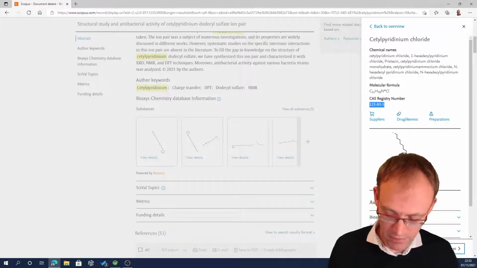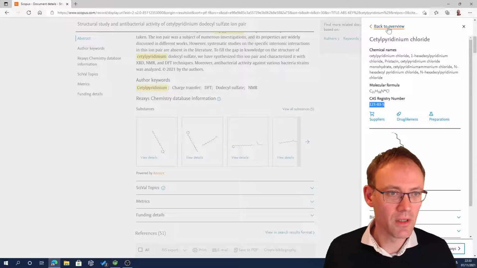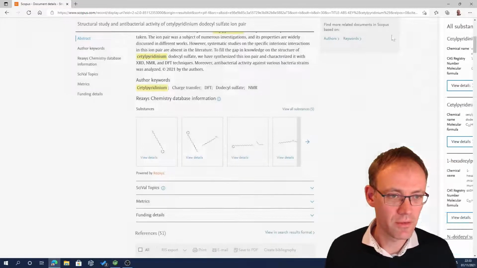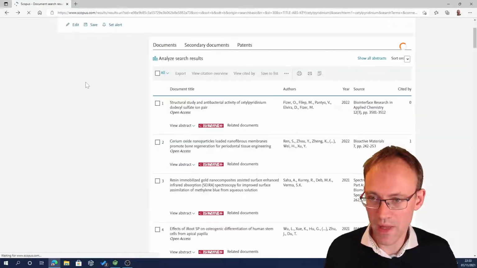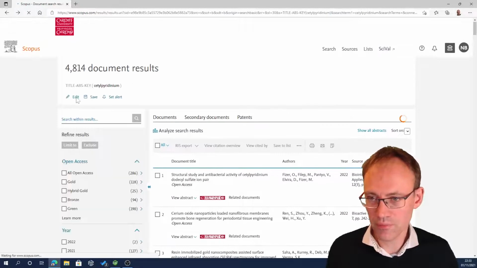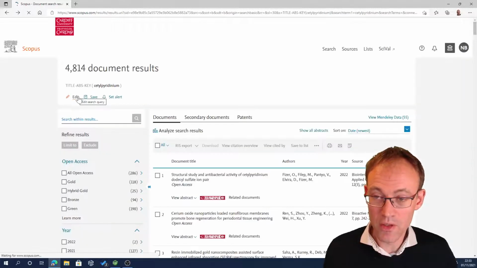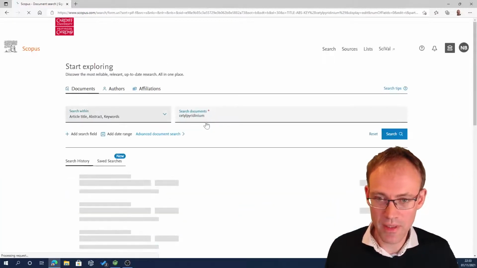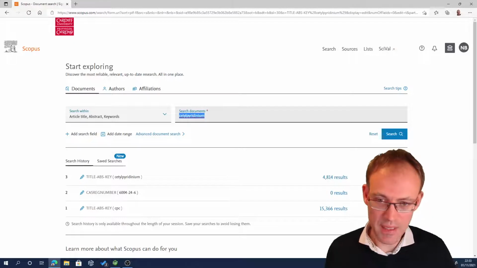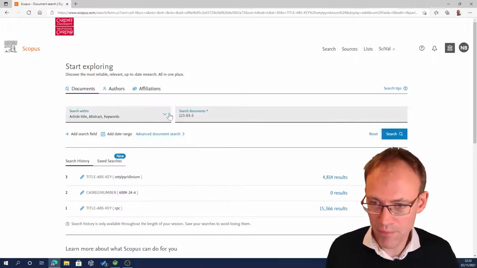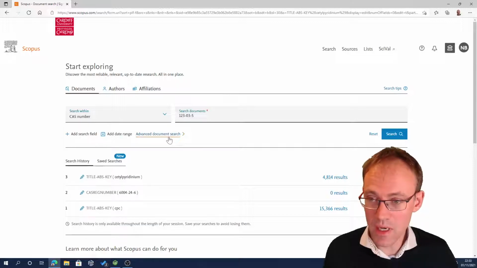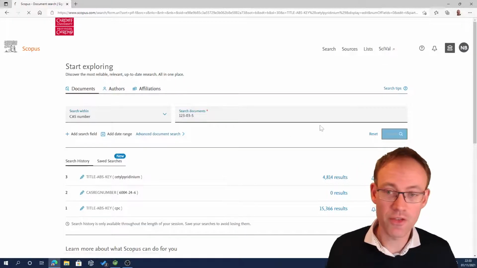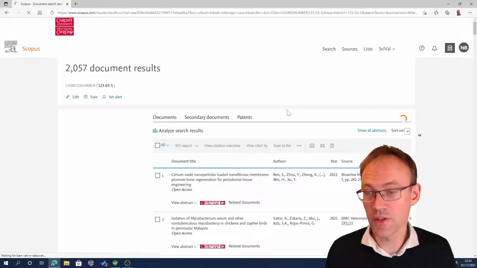So I'll go back here. I've copied this CAS number, go back over here, and I am going to edit my search. So what I'm going to do now is, instead of the name cetalpyridinium, I am going to look for the CAS number again, and if I search now, what I find is 2000 documents.